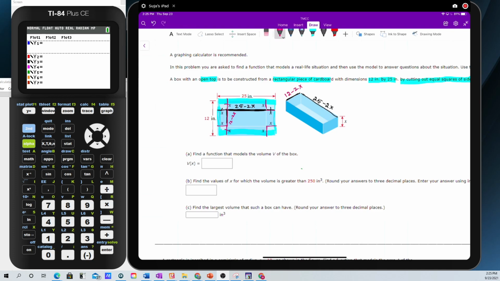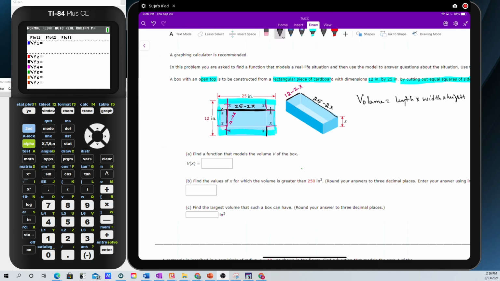Now, in order to do this problem, we need to know the volume of a box. We know the formula for volume is the length times the width times the height. Since you are folding up the squares of length x, this little length is going to be the height of the box.